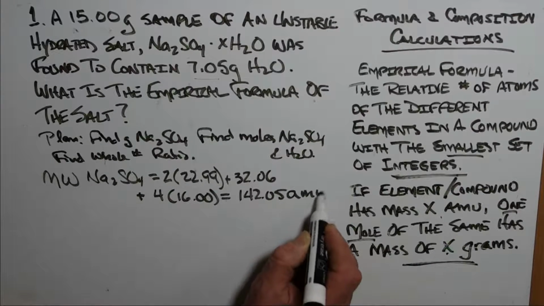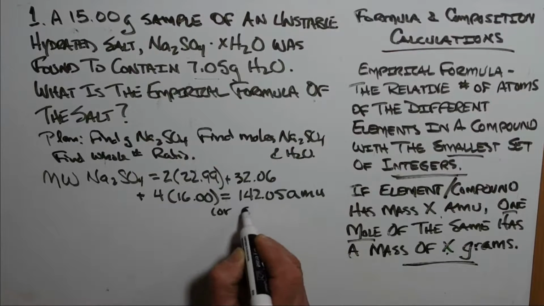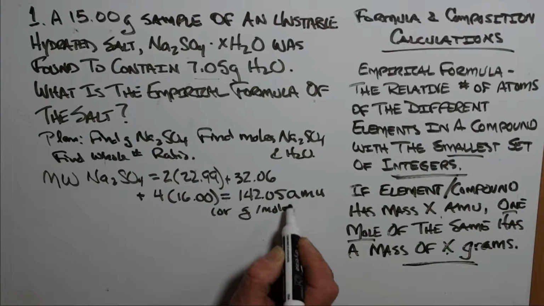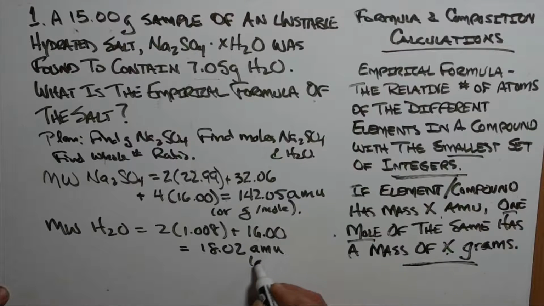142.05 atomic mass units, which means, of course, that there will be that number of grams per mole of that compound. Similarly with water, we come up with 18.02 atomic mass units or grams per mole.